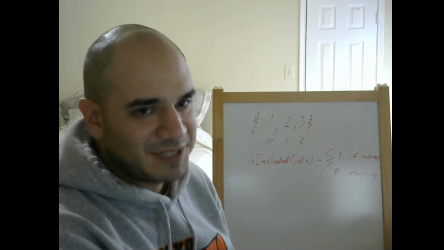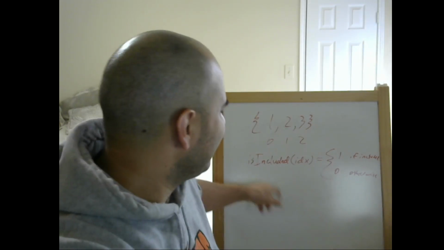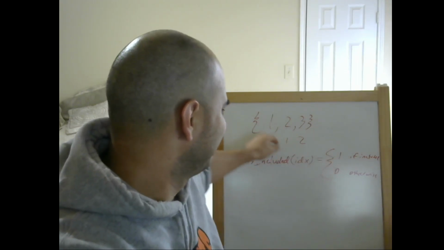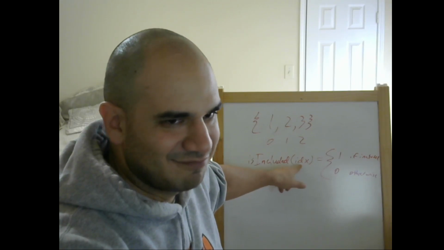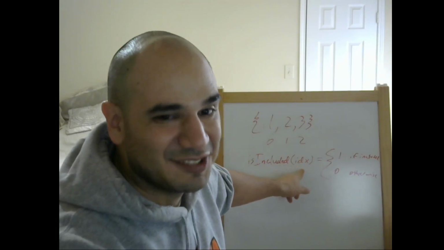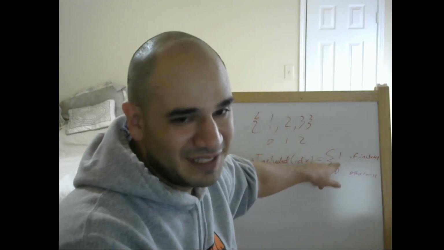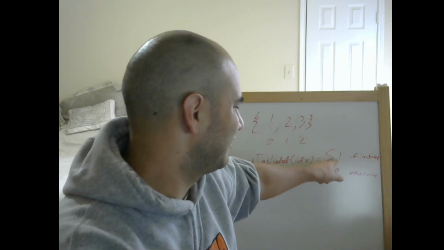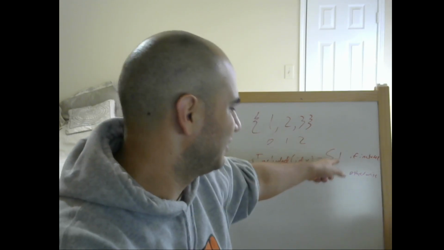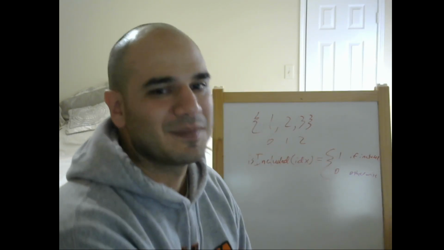So if our subset includes whatever item is at the index passed as the parameter, it'll return a 1, and if it's not, then it'll return a 0. So you can think of this as true and false.